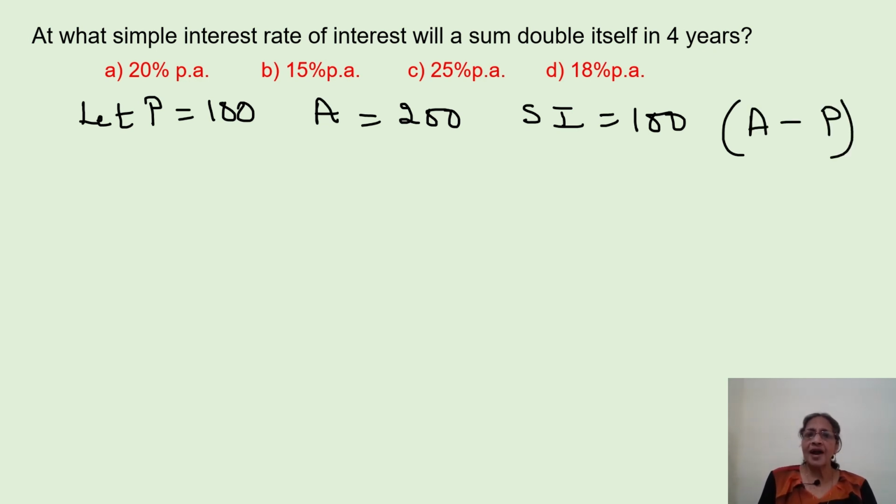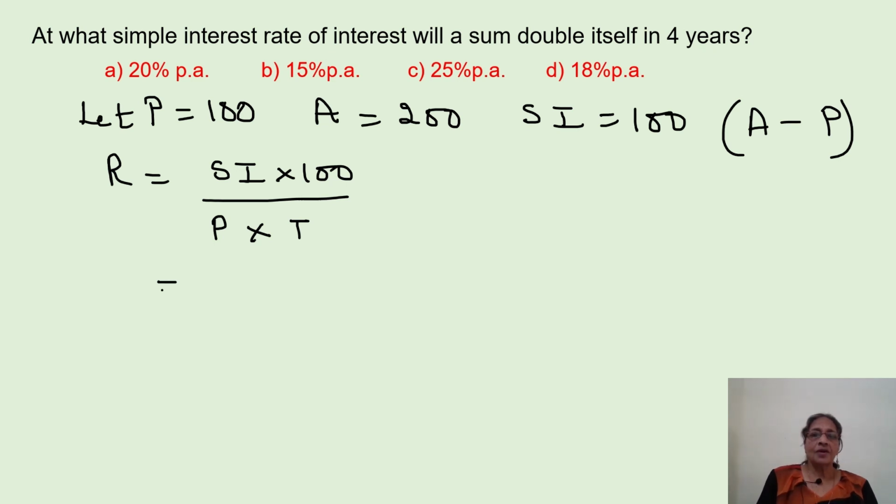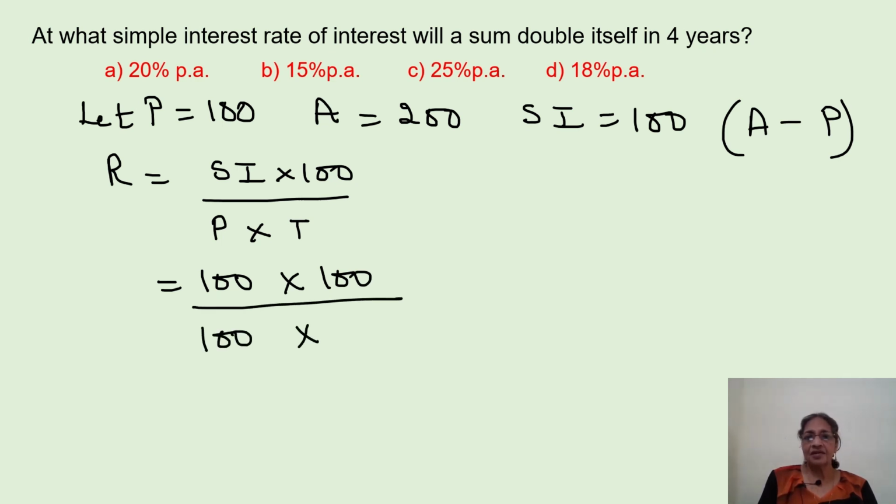Now what you need to find is the rate of interest. So we can use a formula directly here. The rate is SI into 100 upon P into T. Now SI is 100, principal is also 100 and time period is 4 years.